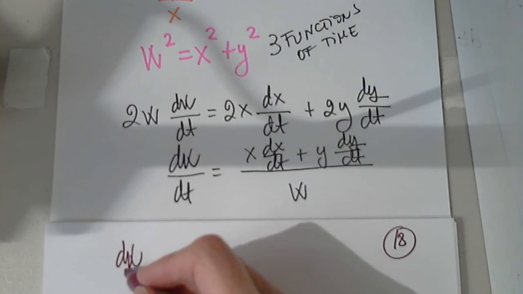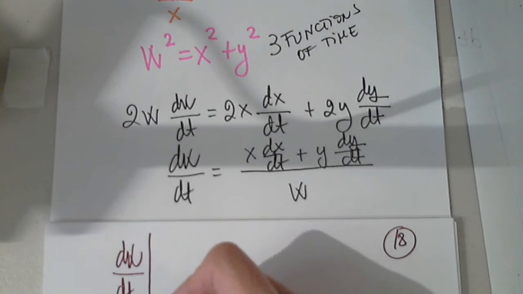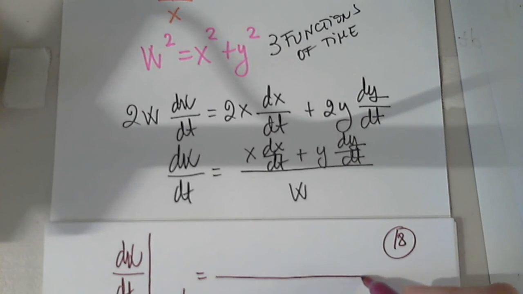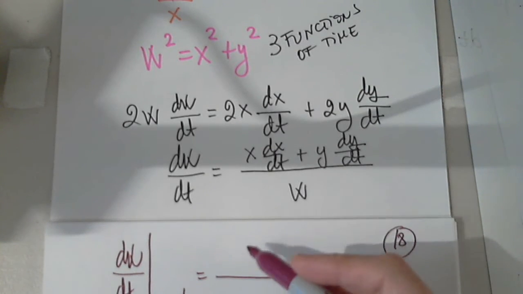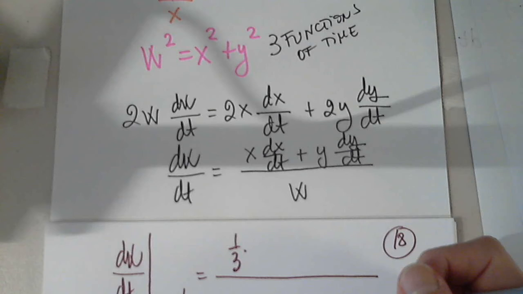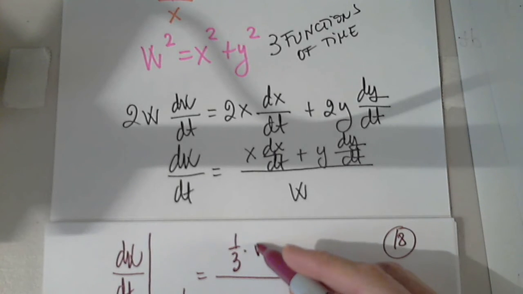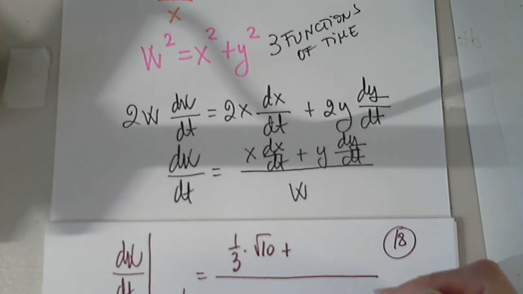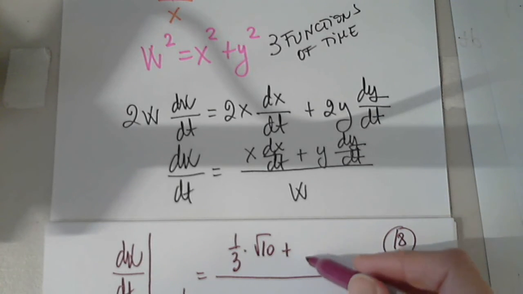So dw over dt, when x is 1/3 and y is 1. So x is 1/3. Dx over dt is given to us as the square root of 10, plus y is 1.